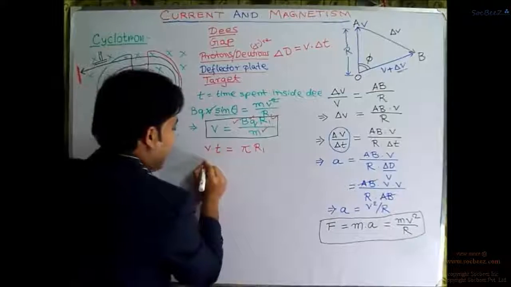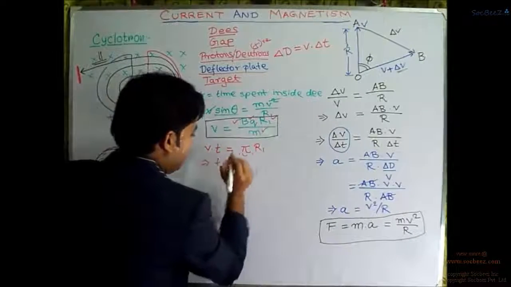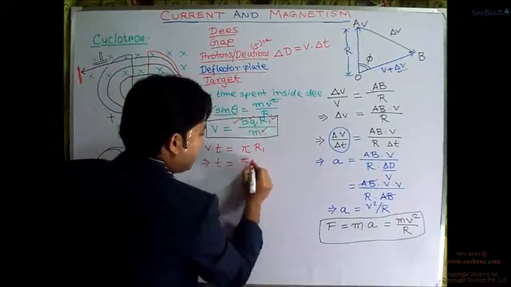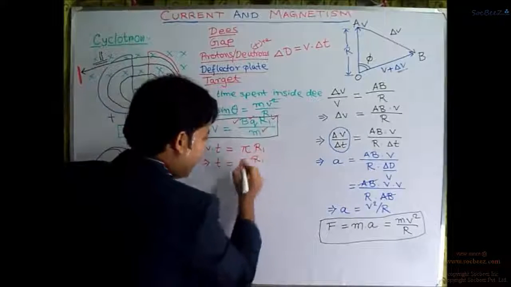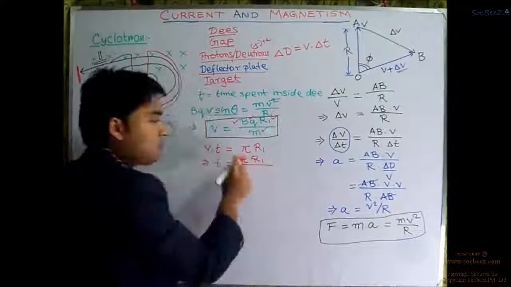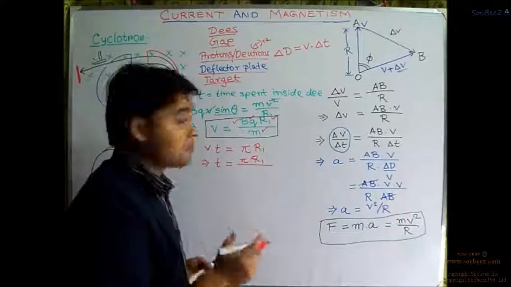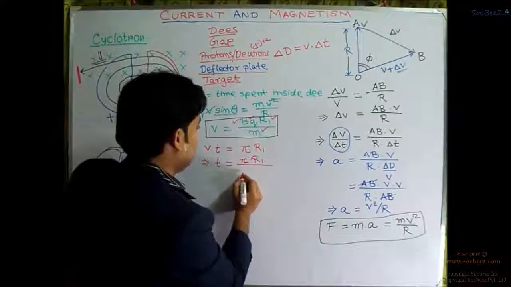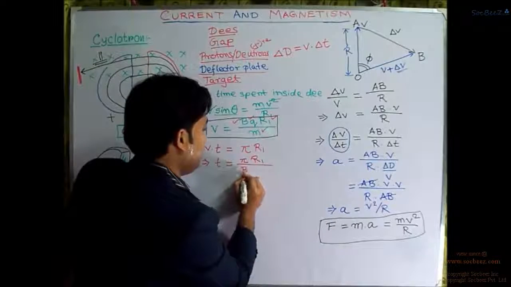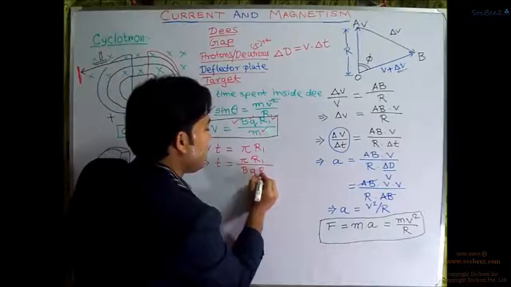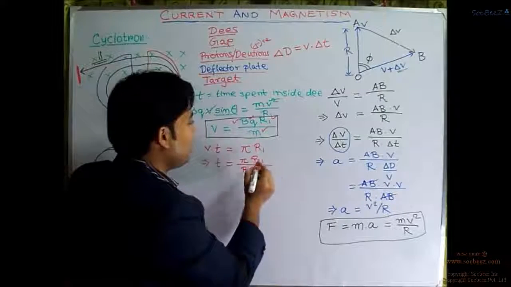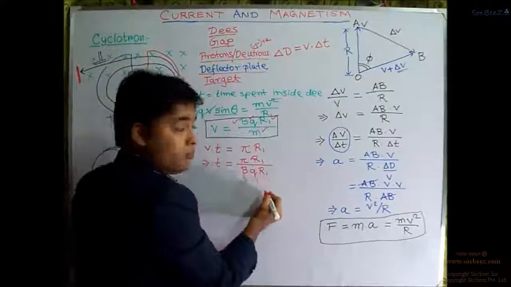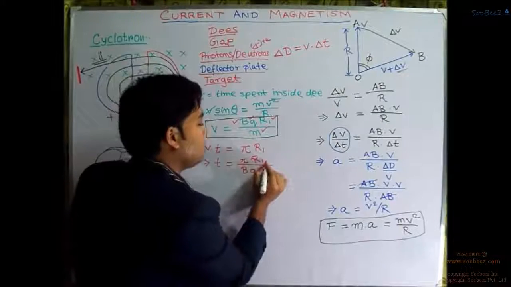So the time actually is pi R1 divided by this velocity. And what is velocity? We can replace this term. So if we replace the velocity, it will be B q R1 divided by m, which means that m will go in the numerator.